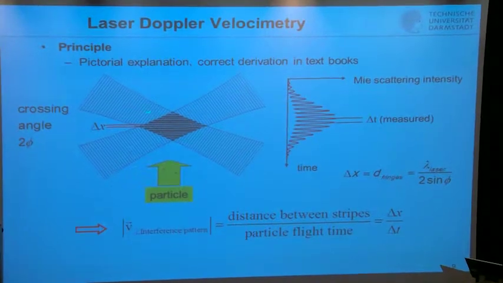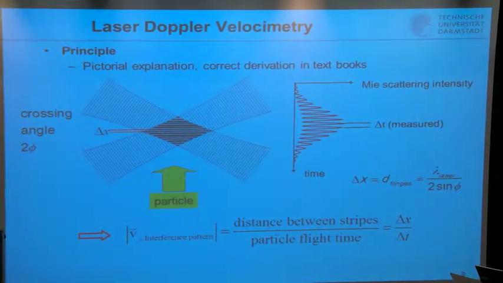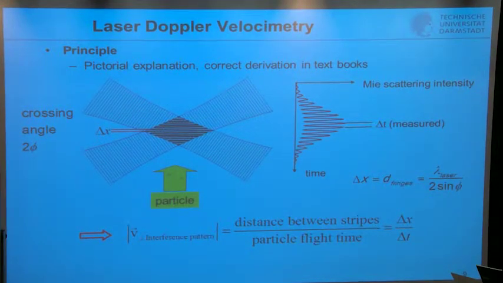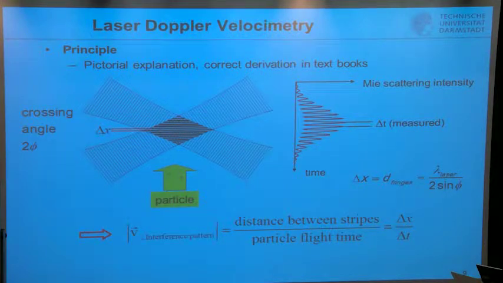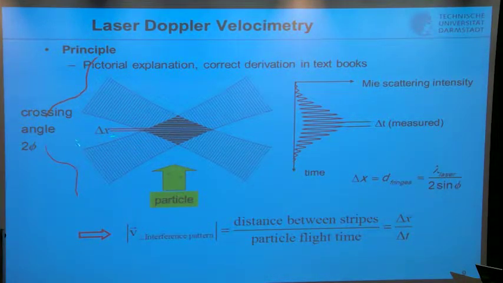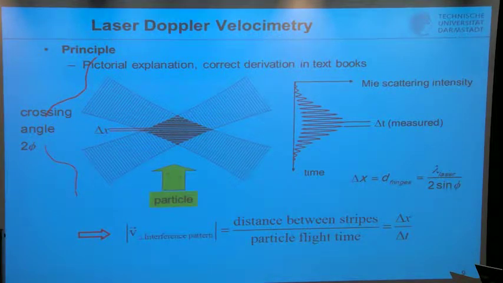So assume you have two laser beams, and these are continuous wave lasers, not pulsed. Continuous wave lasers with a good beam profile. Let's say you have something like a Gaussian distribution. Although I show only plane waves, it would be something like that. And they have the same polarization, and they intersect with the crossing angle that you define.